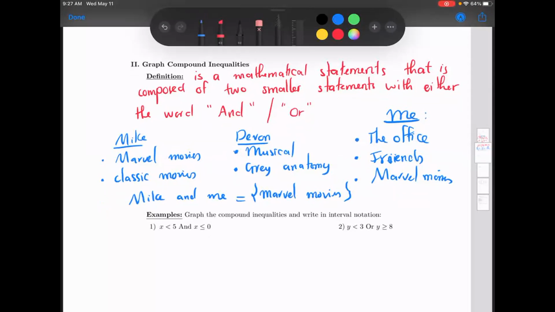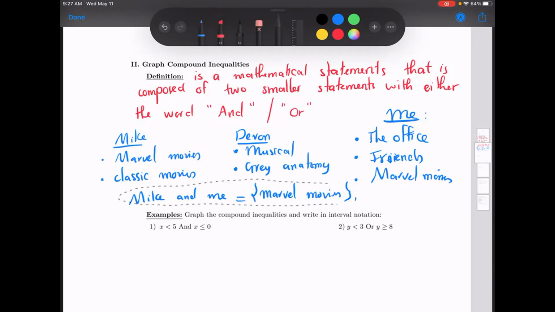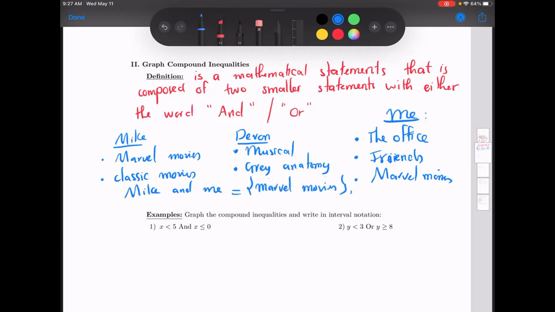Let's say I have enough space. Come on, move up. Mike or Devin. I'm trying to move this up so I can have some more space. I'll use black. How about Mike or Devin?